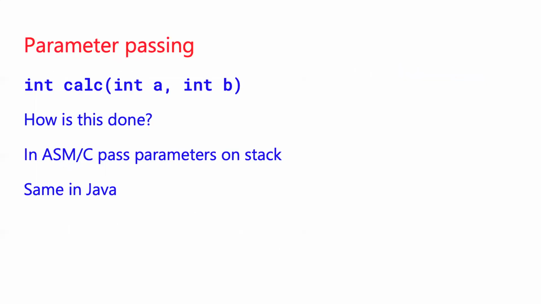It also has to have mechanisms for calling subroutines, for calling methods, and returning values from methods. Internally, this is also done using the same stack operations, so the Java stack that is used for computing stuff is also used for staging parameters for a method call.